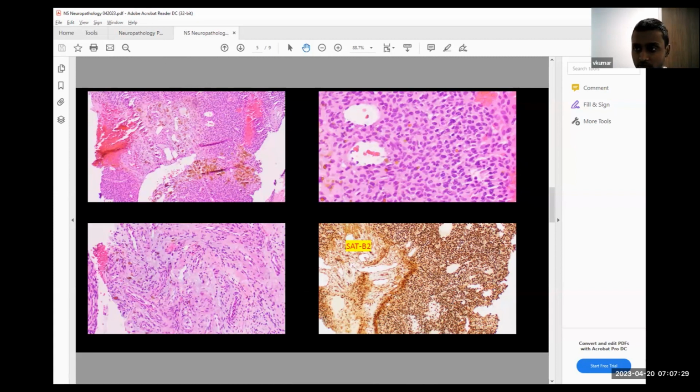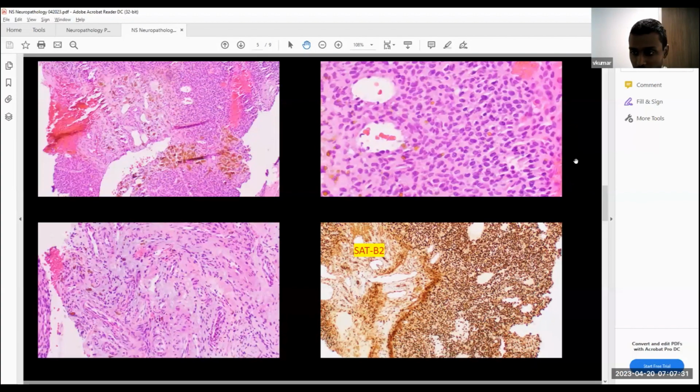Let me try one other thing. Is that a little bit better? Yeah, I see the SATB2 and the top H&E. Go that way. No, the other way. Oh, I'm actually not moving it. That's interesting.